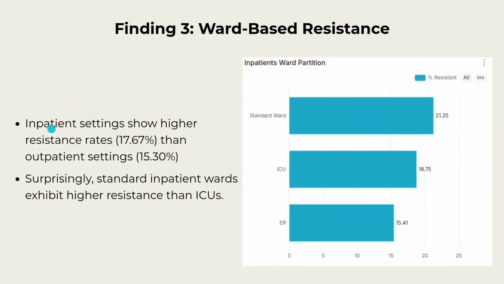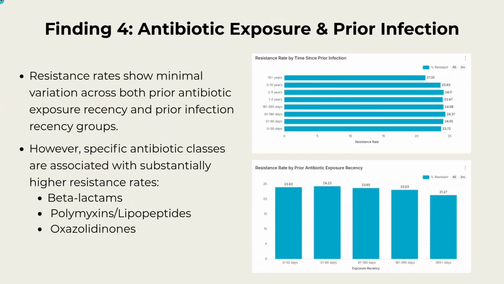For ward-based resistance, we have, as expected, inpatient settings having higher resistance than outpatients. However, standard inpatient wards exhibited higher resistance rates than ICUs, which is surprising, but it could be due to stricter practices in ICUs.